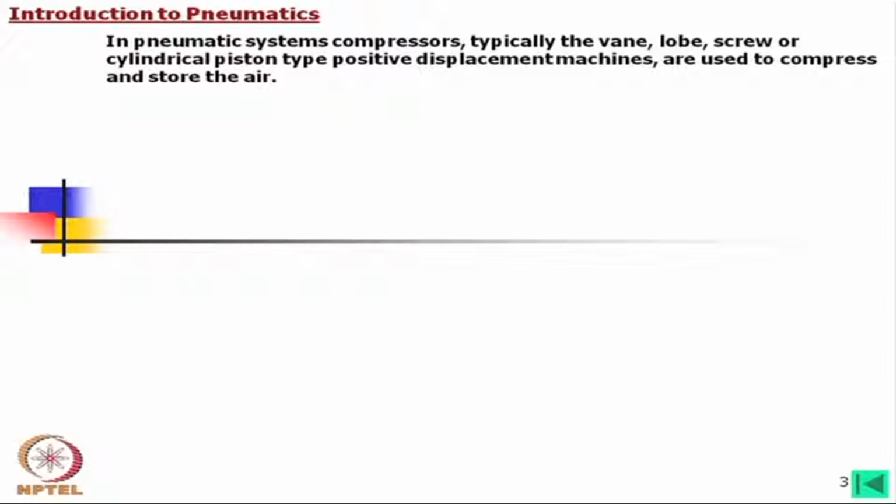Here again I would like to mention that in case of pneumatics or compressible fluid, the hydrostatic units, that is pump and motor, are in nature positive displacement. This means that their volume displacement ideally will be equal to their geometric displacement. It is not like hydrokinetic machines.